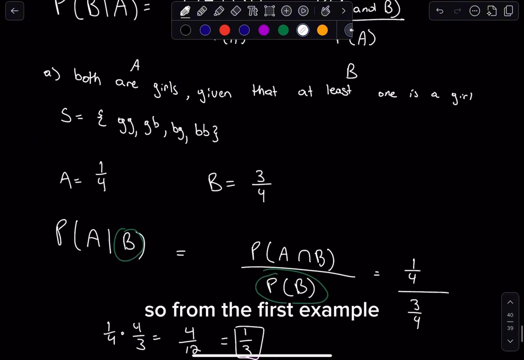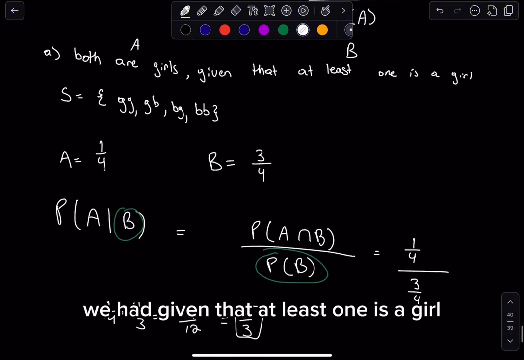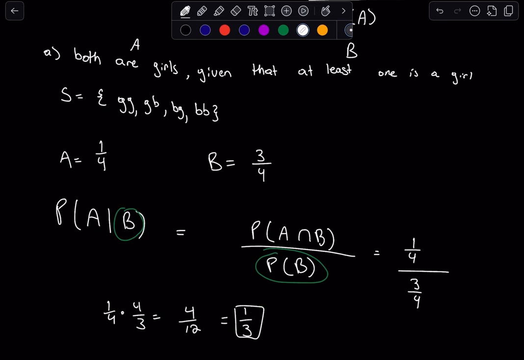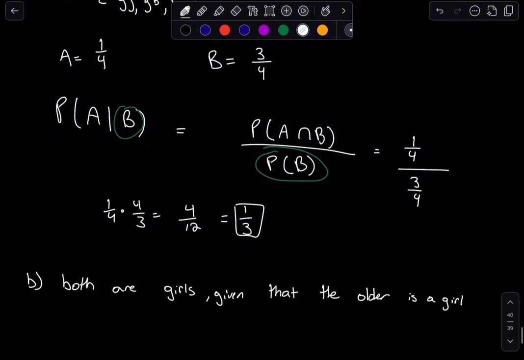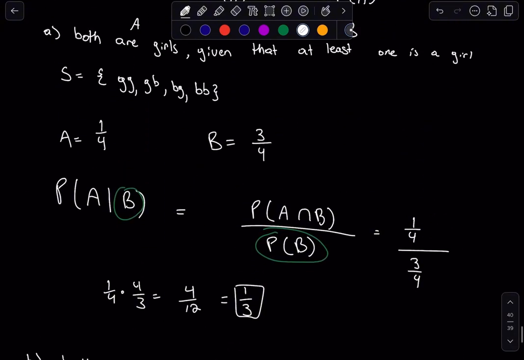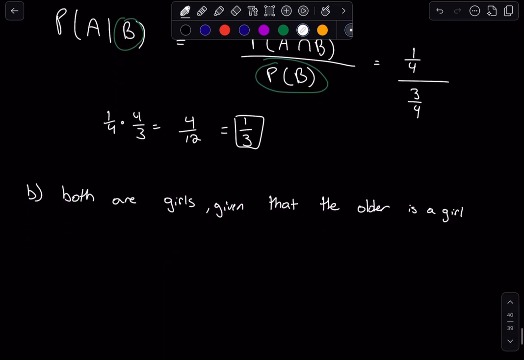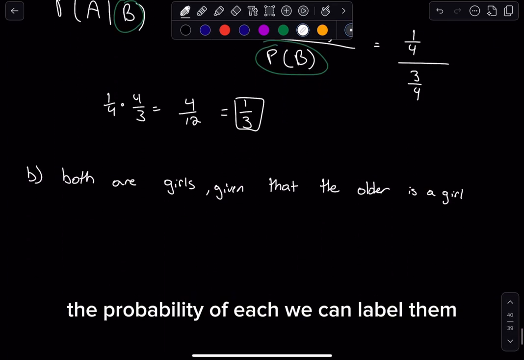So from the first example, we had given that at least one is a girl. And the second one, we have that the older one is a girl. And so when we're looking at the probability of each, we can label them.